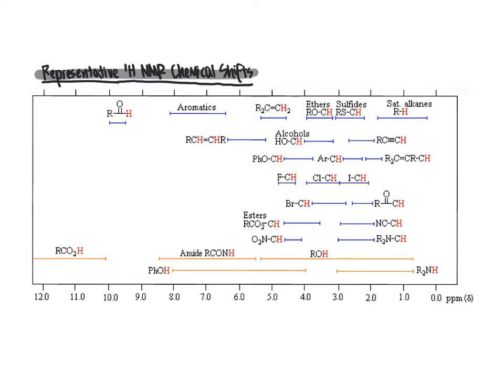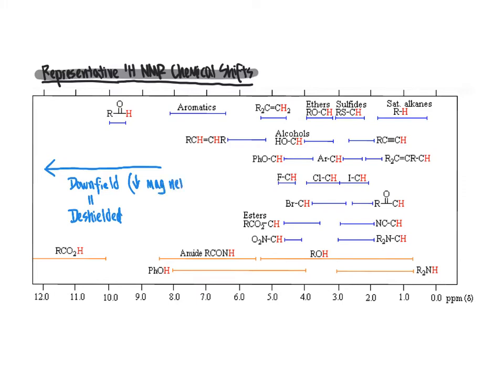We describe the left-hand side of this spectrum, going further to the left, as being the so-called downfield end of the spectrum. And we could also describe downfield as being equivalent to those protons that are so-called deshielded. So downfield means a lower magnetic field is required.